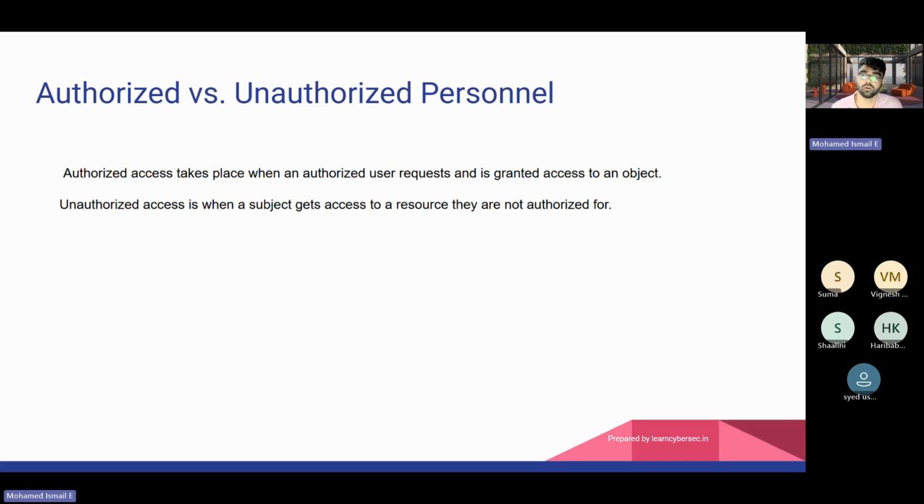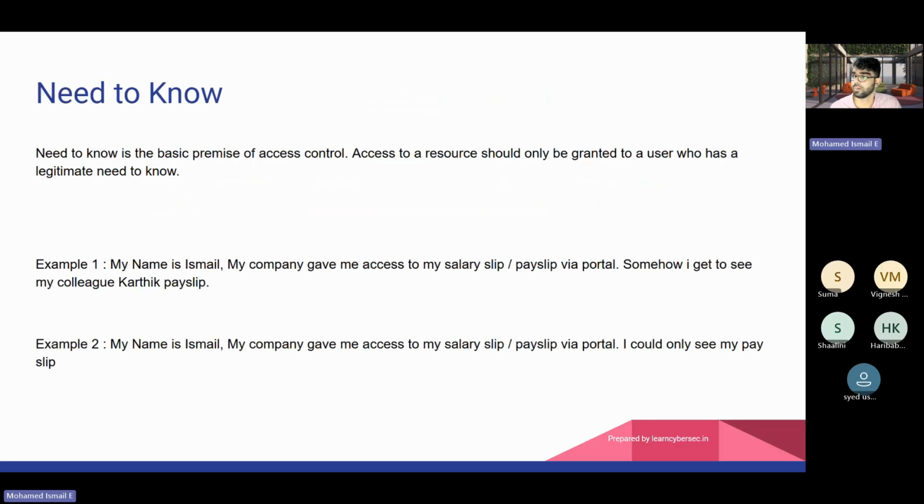So authorized means you have the rights to access that particular object. Unauthorized means you don't have access, but somehow you have got access. Primarily, unauthorized access applies to hackers or people who violate the policy by tampering with or stealing someone's credentials and getting into the application. So that's authorized versus unauthorized personnel.